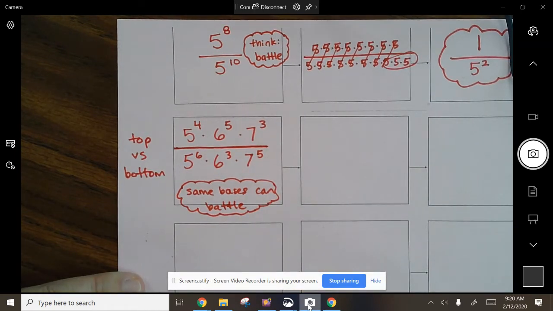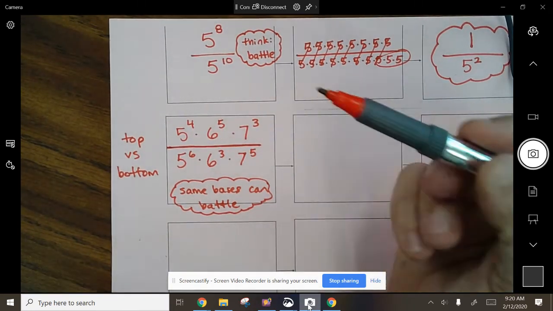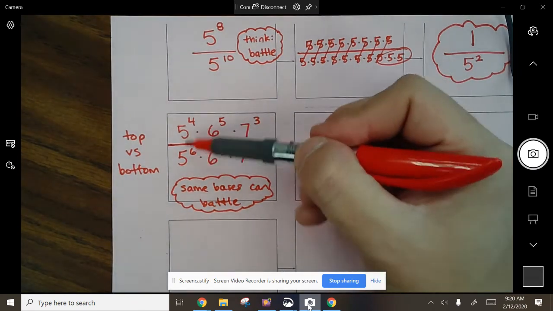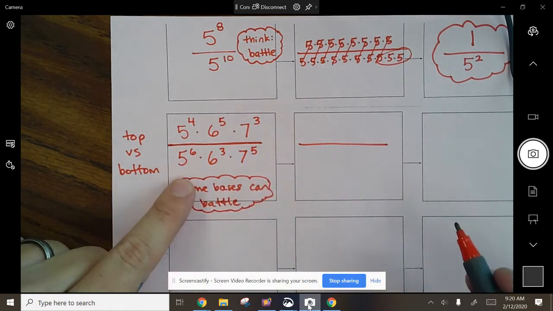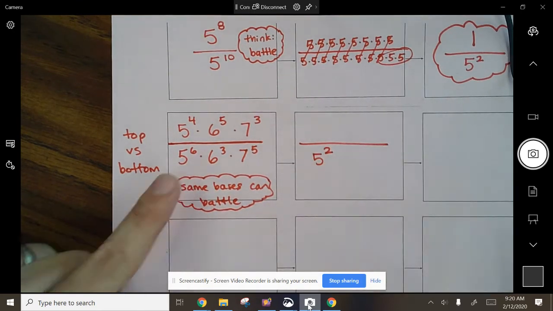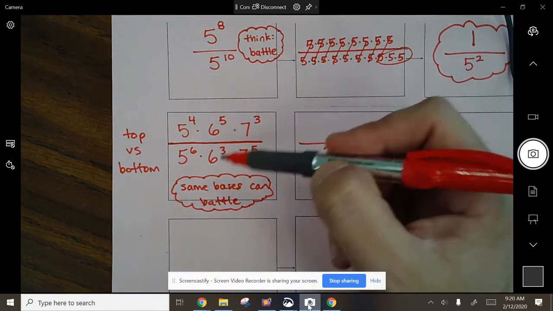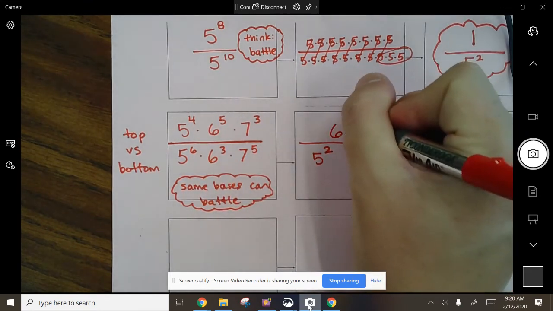Now I want you to look at the 5s here. Who's going to win the battle for the 5s? The 2 on the bottom is going to win, right? So that's 5 squared on the bottom. Then what about the 6s? The top is going to win by 2.